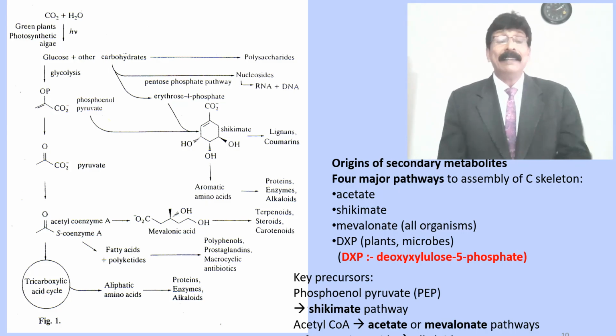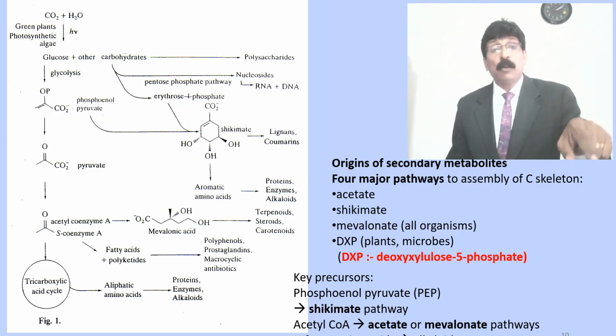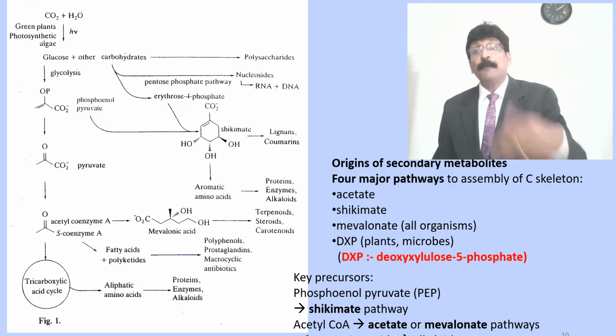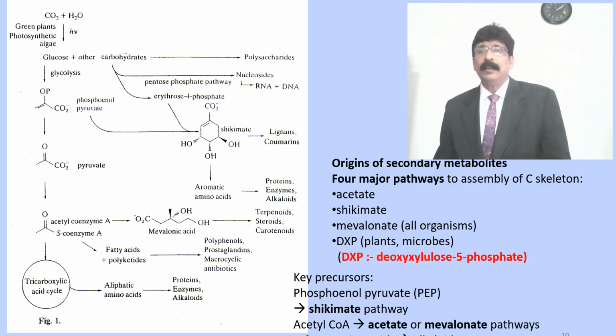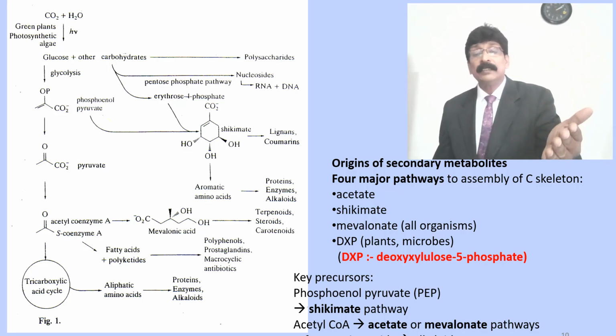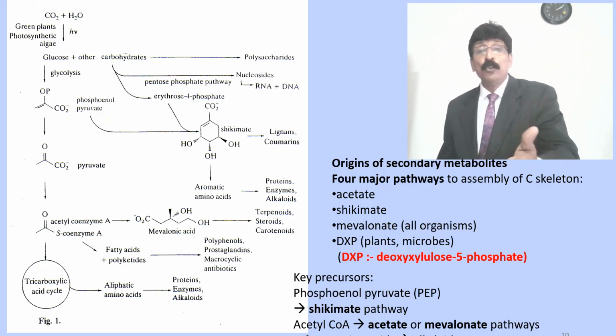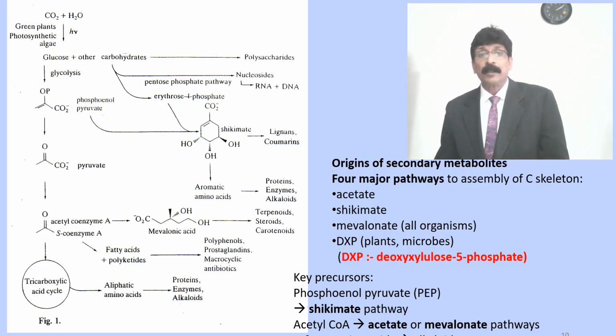And acetyl-CoA can also produce fatty acids, polyketides, by means of producing cholesterol, the structure of steroidal formation, and it goes on to produce polyphenols, prostaglandins, macrolide antibiotics. These all can be produced.